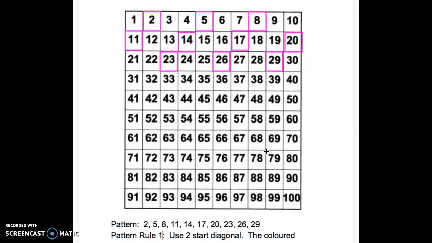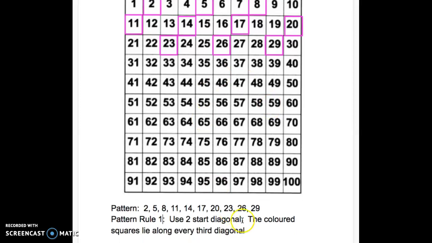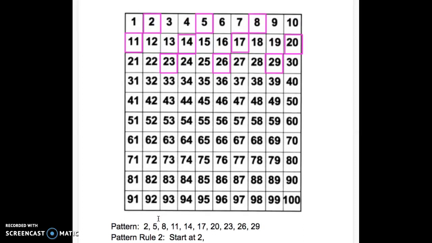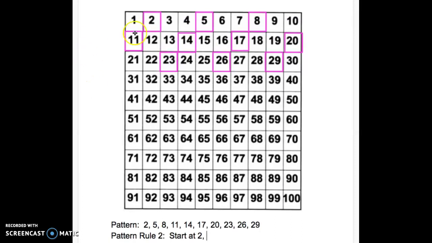Pattern rule number 1 may have been a little confusing for some people, the diagonal word. So there's another way we can describe this pattern too. Maybe this is the one that you saw right away. Again, we start at 2, and then I notice that there's a consistent jump that always happens. I'm going to ask myself, what did I do to get from 2 to 5?